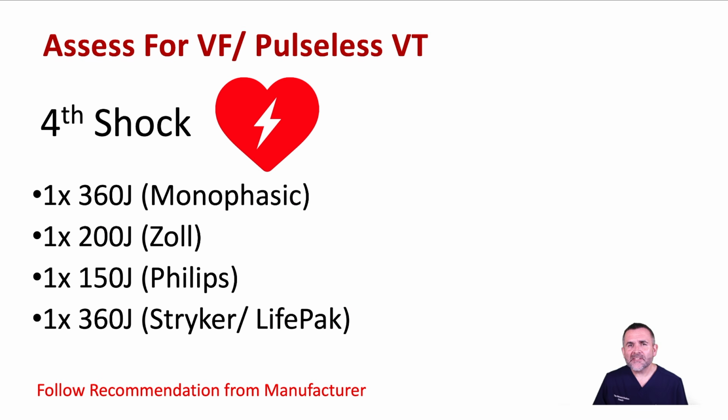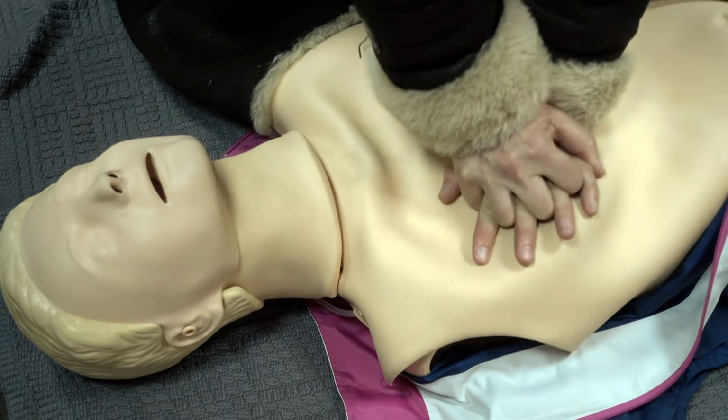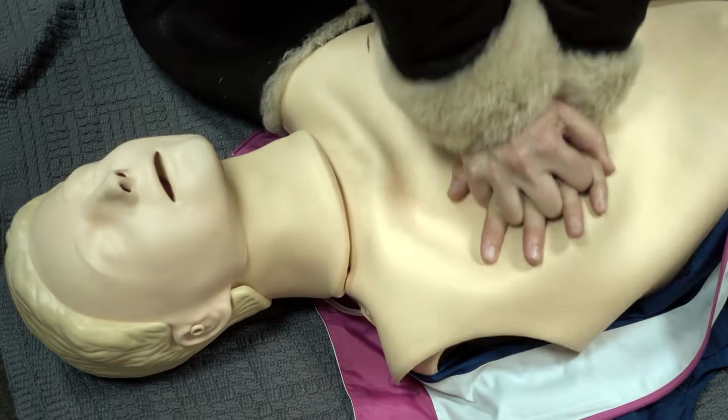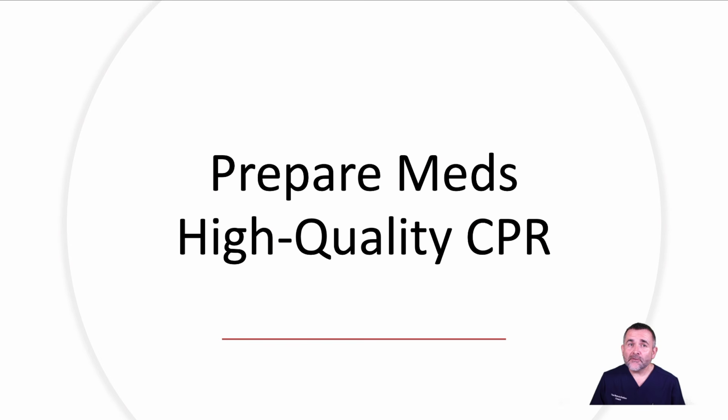After our 2 minutes of CPR, we need to defibrillate again, if indicated, and continue with our high quality CPR. After the fourth defibrillation, we can administer the second dose of epinephrine, 1 mg IV push, and resume high quality CPR. We need to get our next medication ready.